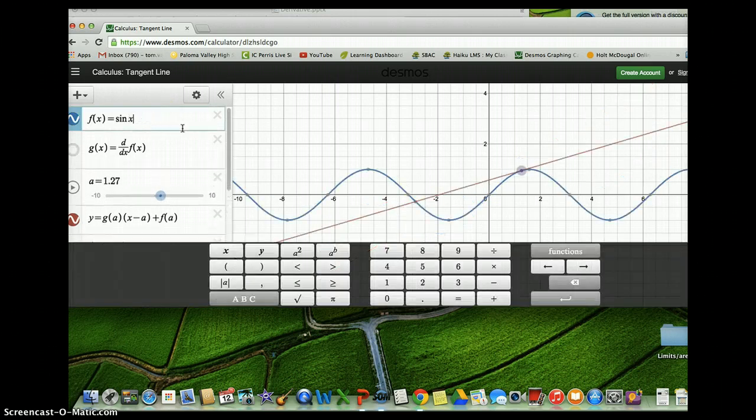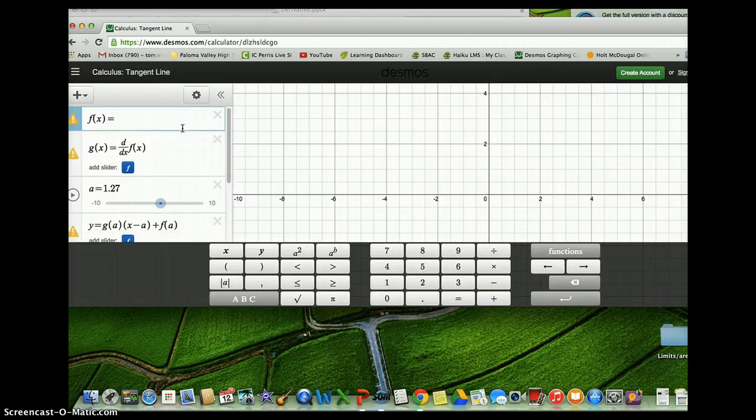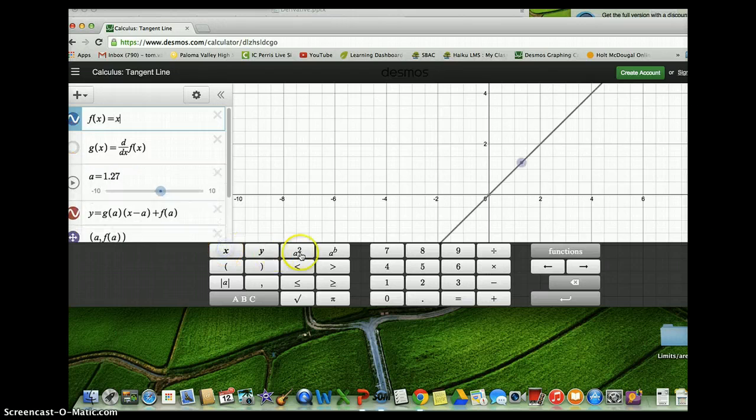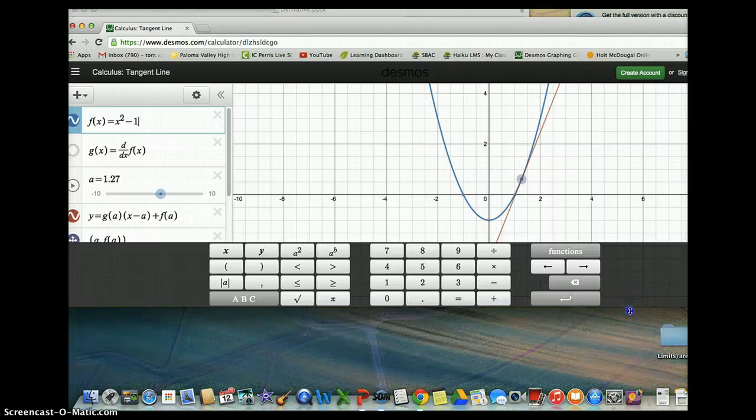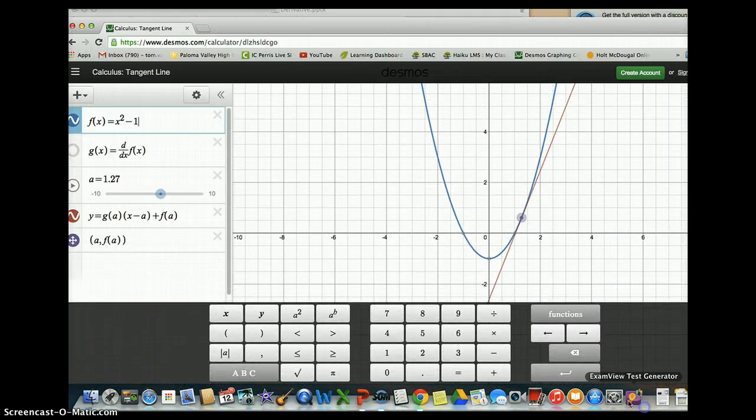And we're going to put the one that we have, which is x squared minus 1. And let's see here if we can expand this more. All right, good.